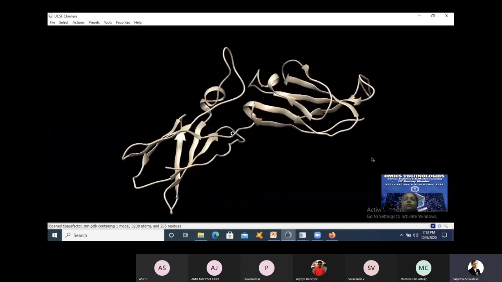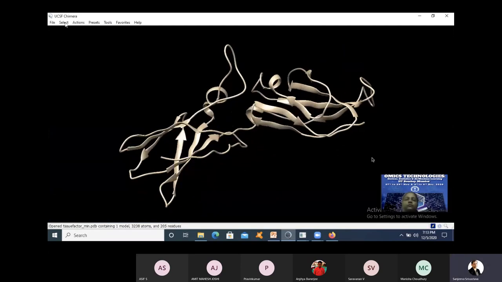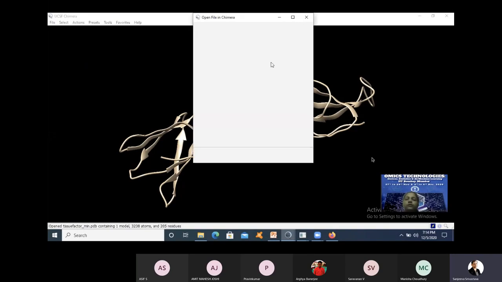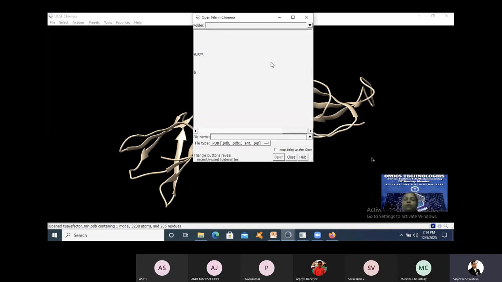Okay, this is only the tissue factor protein. Now I also want to see the receptor protein, which is having the heavy and light chain, after it got docked with the tissue factor, so it has formed a complex.